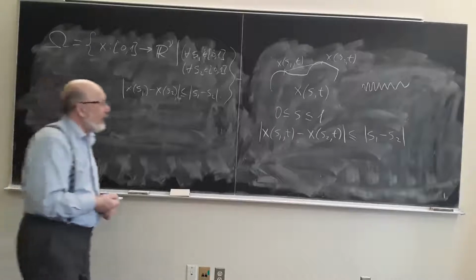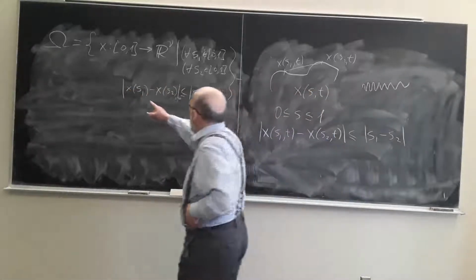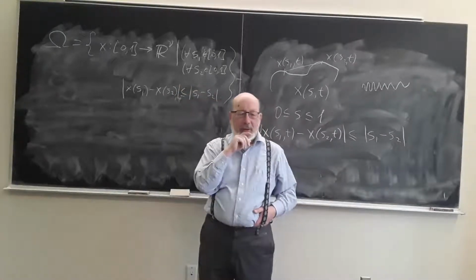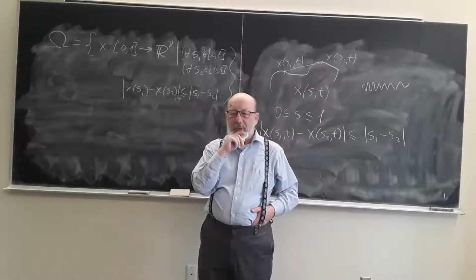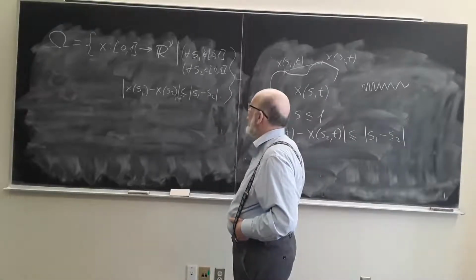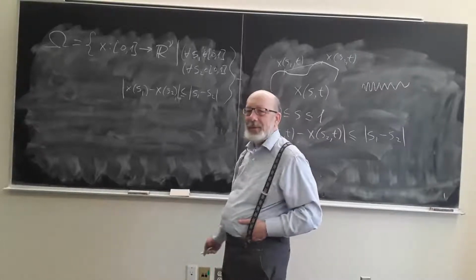This is the set. From this we see that these maps are continuous, bounded, and, important, that omega is convex.